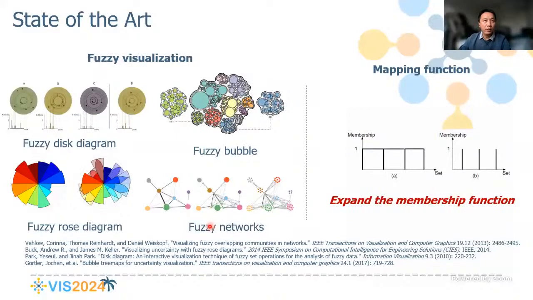Generally, all of these visualization techniques usually use different shapes to express how confident that a number belongs to a specific category. In the part for the mapping function, here is the traditional mapping function. In this work, we tried to expand this mapping function.